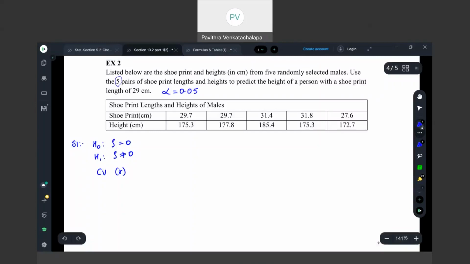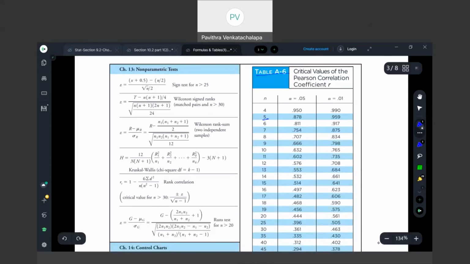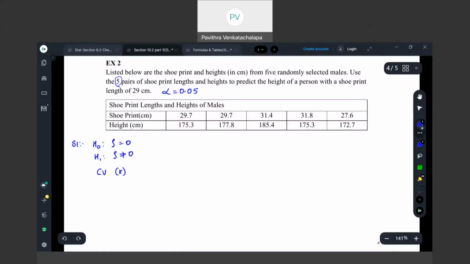So my value is 0.878. In the same way you will find the test statistic R.